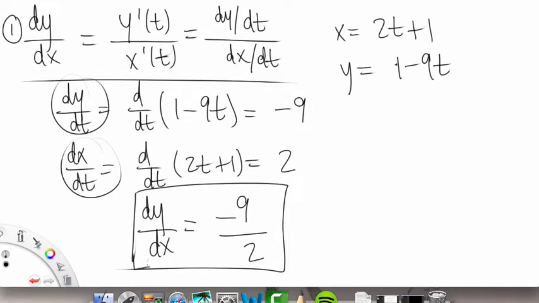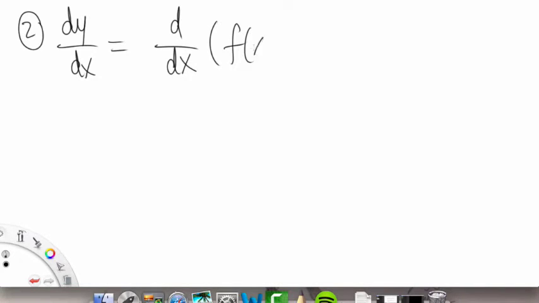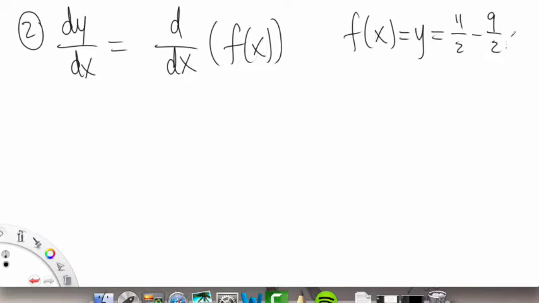And let's see if doing it the second method way, we'll get the same answer. The second method to get dy dx is taking our y function, y equals f of x, and deriving it once with respect to x. f of x, also known as y, turned out to be 11 over 2 minus 9 over 2x.